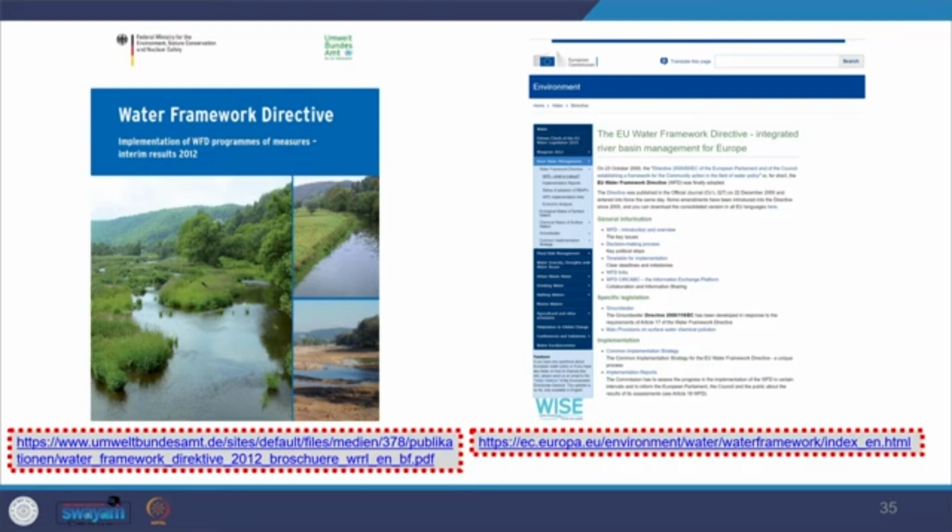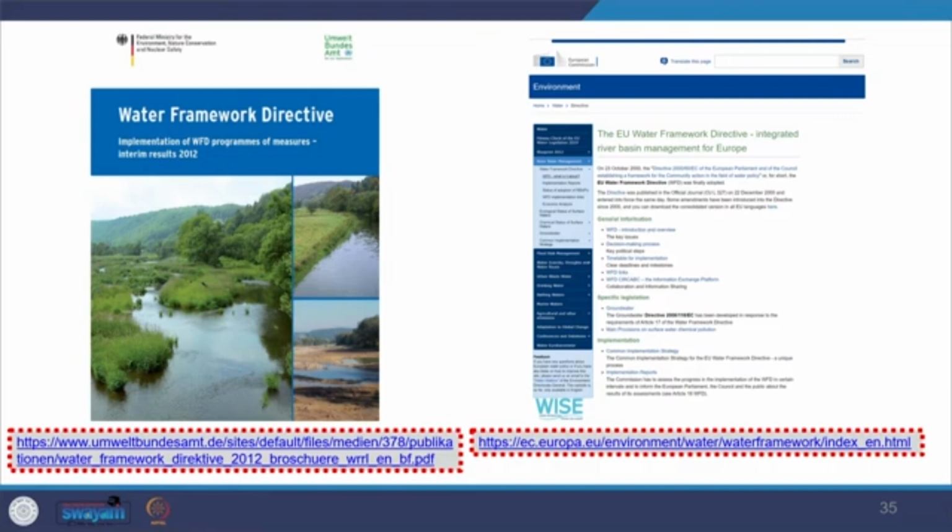The Water Framework Directive is taken as a blanket directive, and based on that, all the member states have to take aligned actions. They need to ensure all new schemes do not have any negative impact on the aquatic ecosystem.